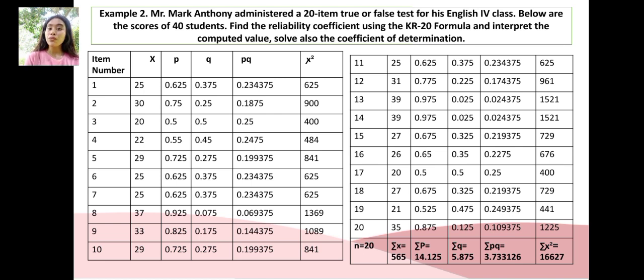So 25 divided by 40 is equal to 0.625. Okay? Are you following?